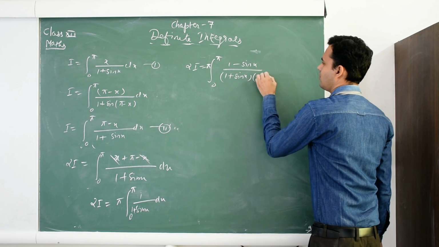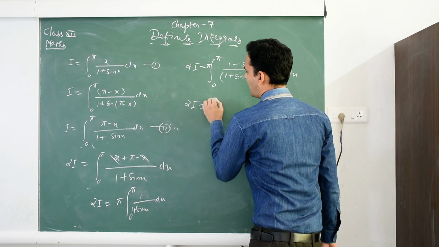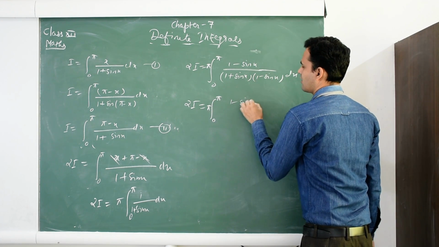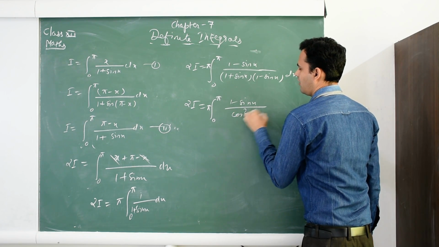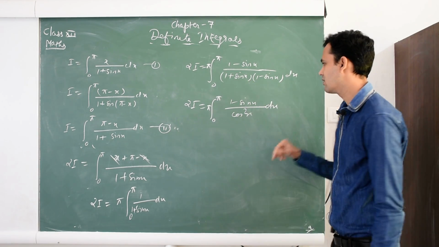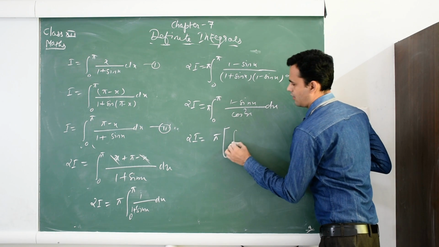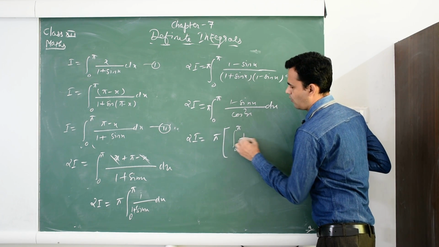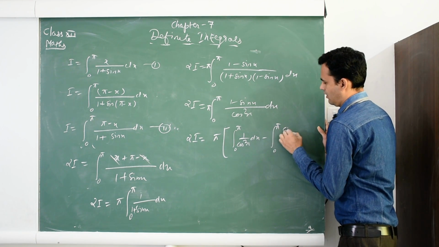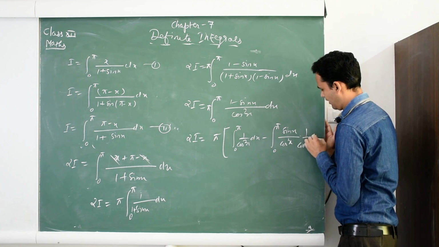So, 2I equals pi times the integral from 0 to pi of (1 minus sin x) upon, directly I write this term as cos square x, because 1 minus sin square x equals cos square x. Separate these two. So, we get the integral from 0 to pi of 1 upon cos square x dx minus the integral from 0 to pi of sin x upon cos square x, that is, tan x into 1 upon cos x dx.